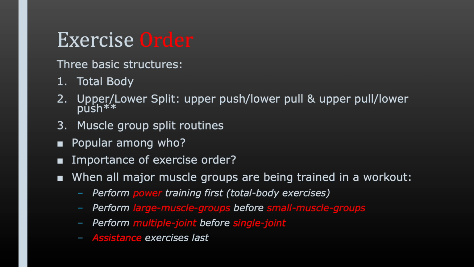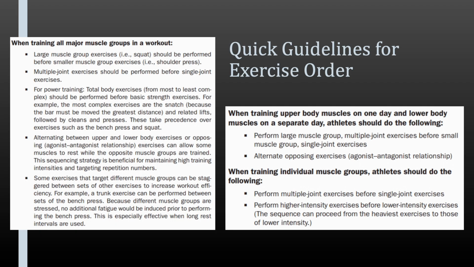So we want to make sure when we are programming, we provide that program in a specific order. Perform power training first, then large muscle groups before small muscle groups, multi-joint before single joint, and assistive exercises last. Some quick guidelines for exercise orders you can review.